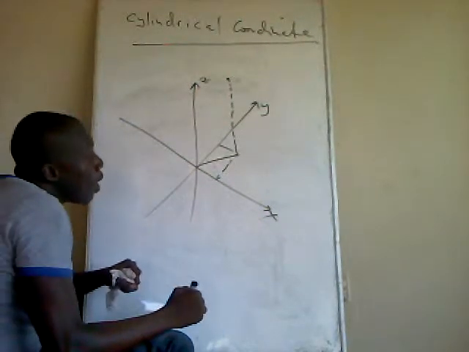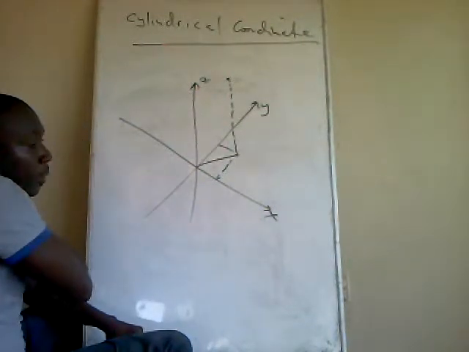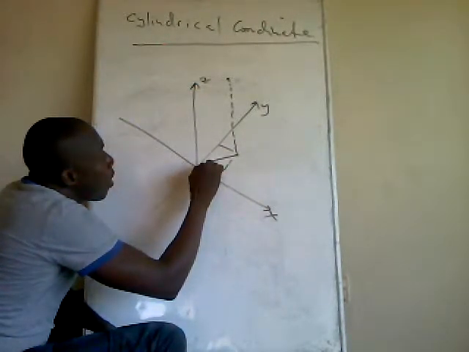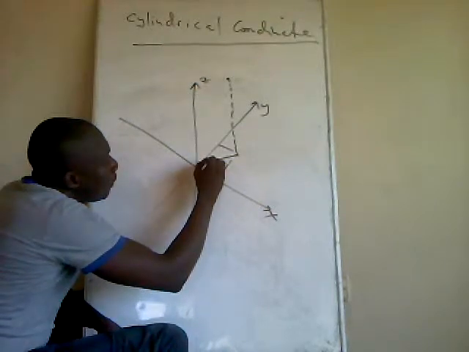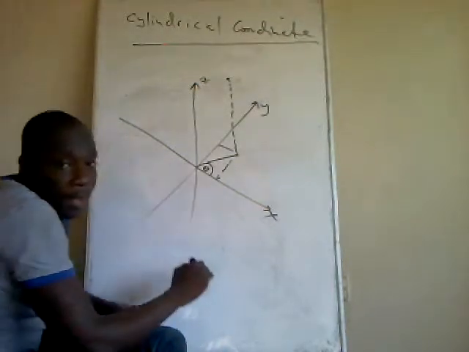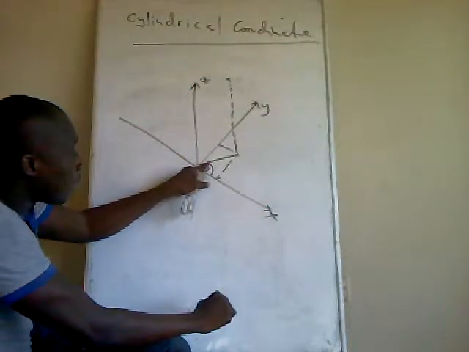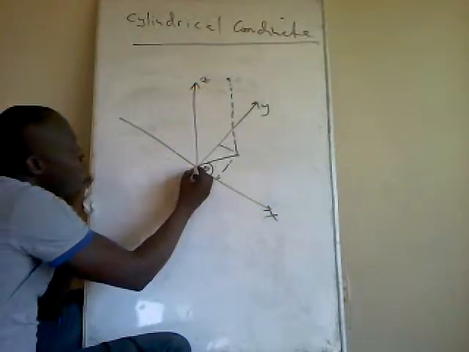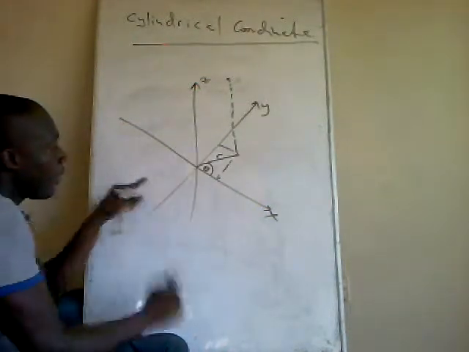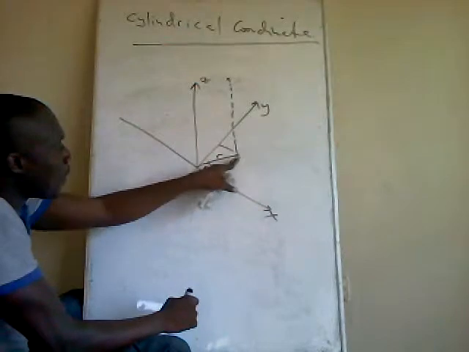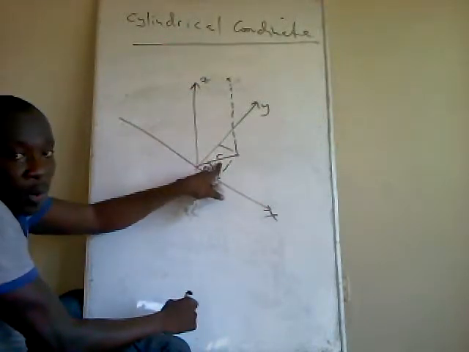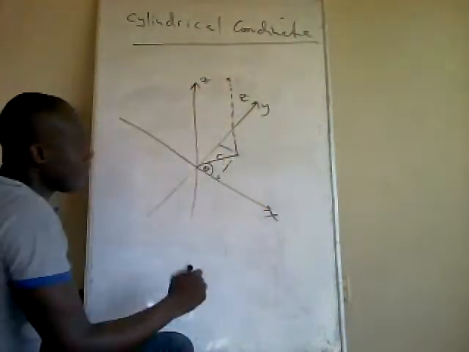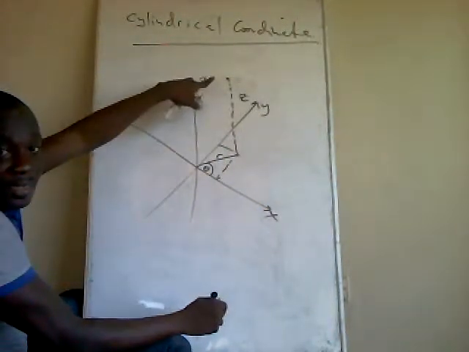Good. Now, if I know the angle theta, the angle the line makes with the x-axis, that is my projected line, and let me call this projected line r, the distance from the point to the origin, and I know the height still remains z, then I can get to the point, right?